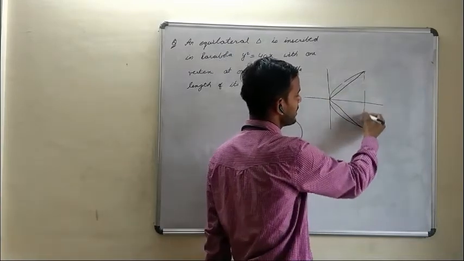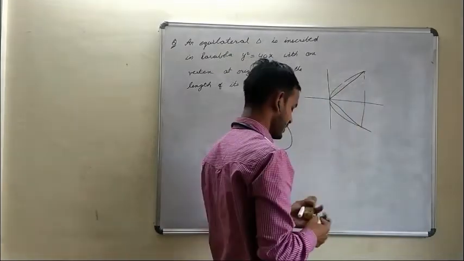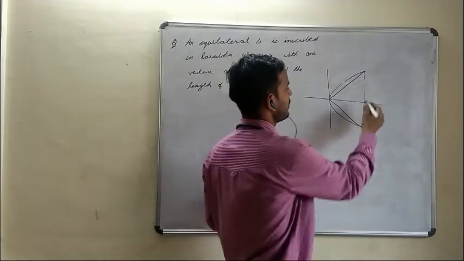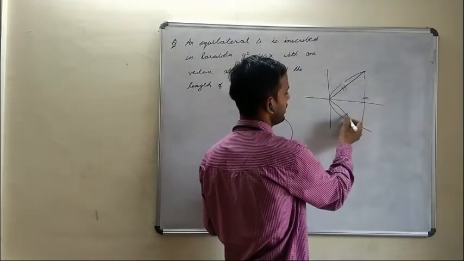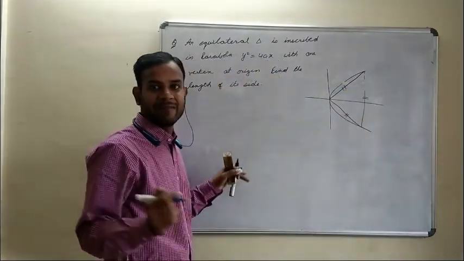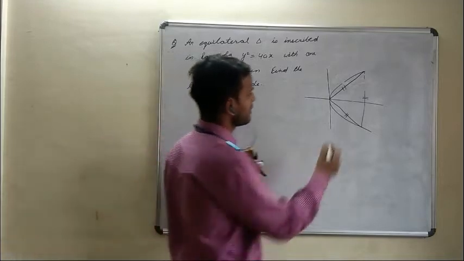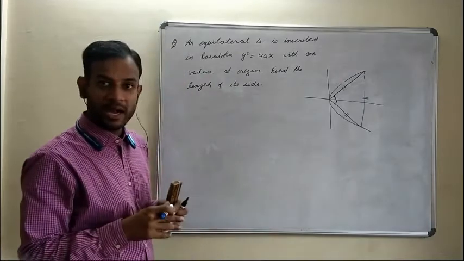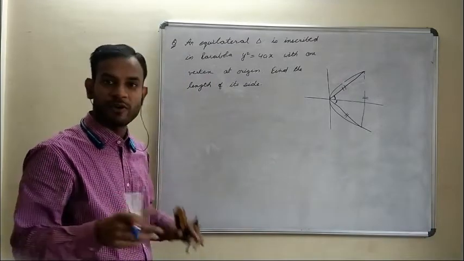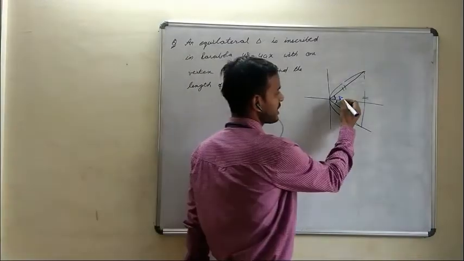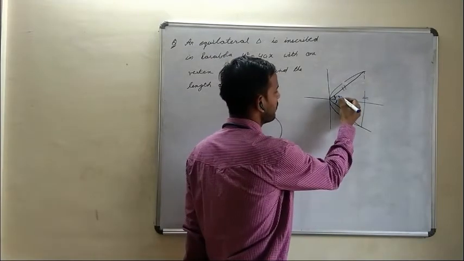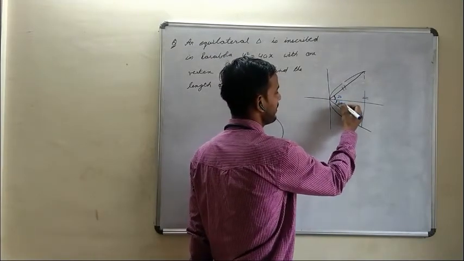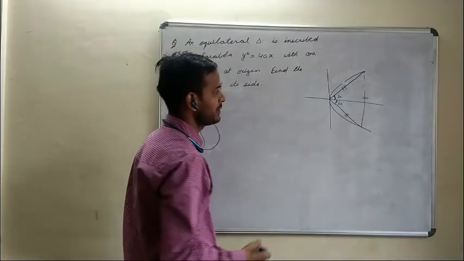If this is an equilateral triangle, these three sides will be equal, and because of the symmetry, this angle will be equal to this angle. In an equilateral triangle each angle is 60 degrees, so this angle will be 30 degrees and this angle will also be 30 degrees.